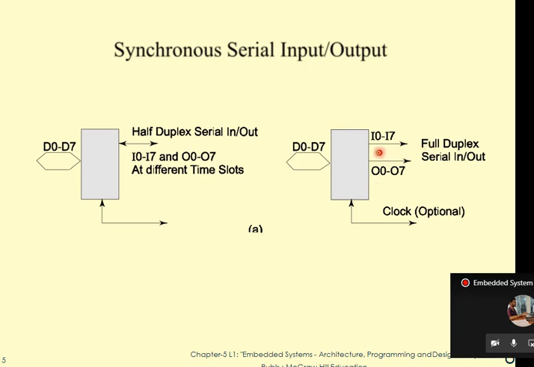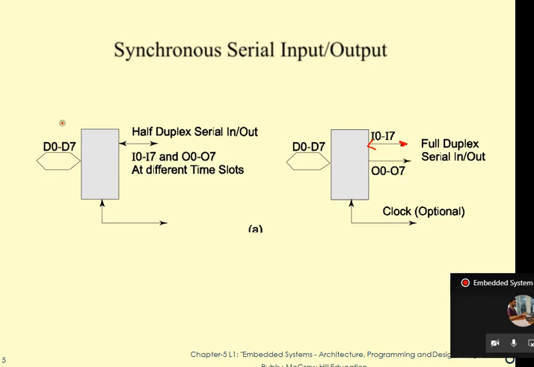So this will be the input, so the arrow will be in this direction, and it will be in this direction. I0 is the input, I will receive the data, and this is the output, O0 to O7. So that is the output. I will send the data simultaneously.